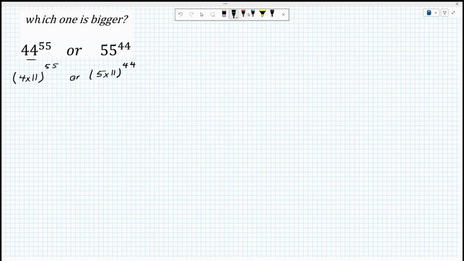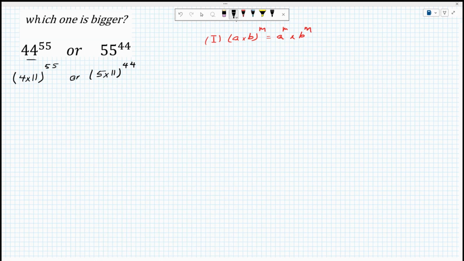There is a general rule here that I call rule number 1. If we have (a multiplied by b) to the power of m, this equals a to the power of m multiplied by b to the power of m.